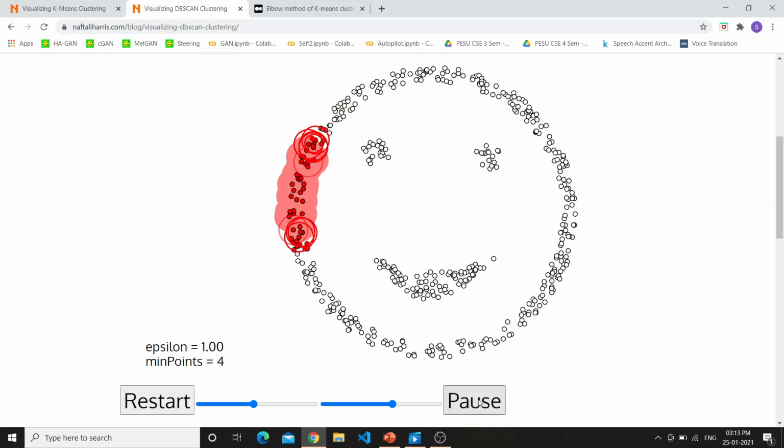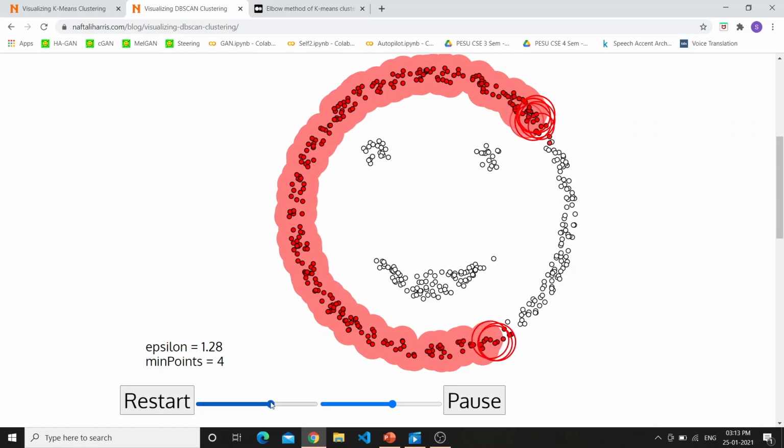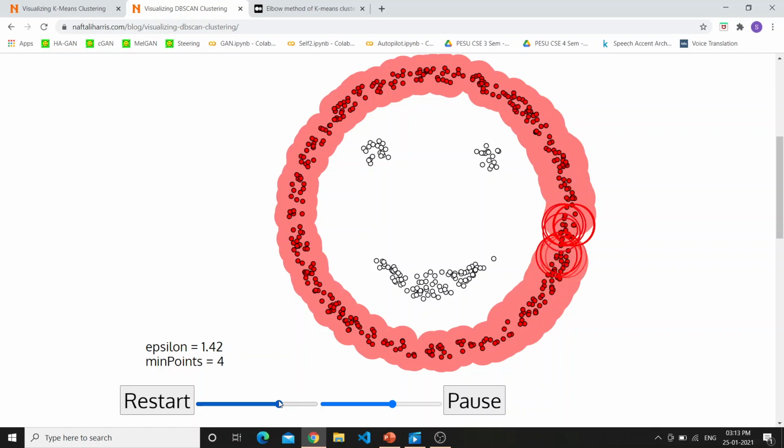So yeah, don't worry about the parameters for now for DB scan. As you can see, all the points that are close to each other sort of get clustered on their own. Okay, probably you need to increase the epsilon value, right? Okay, it's still working.